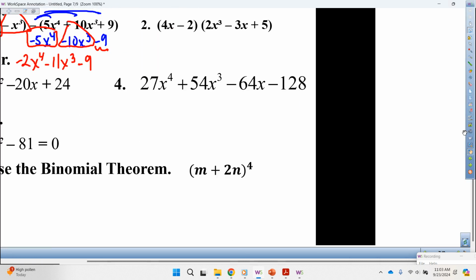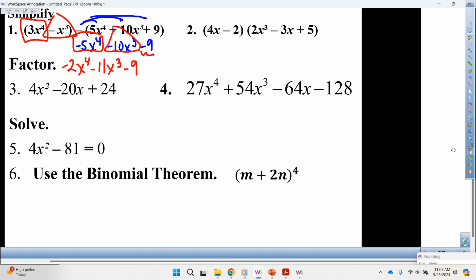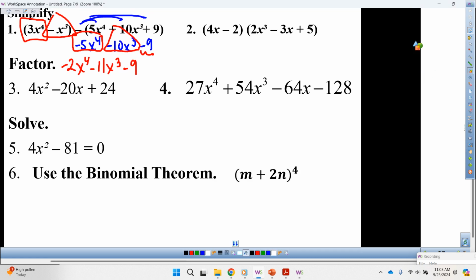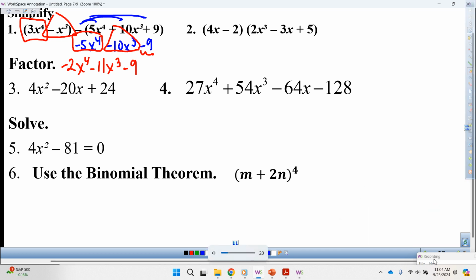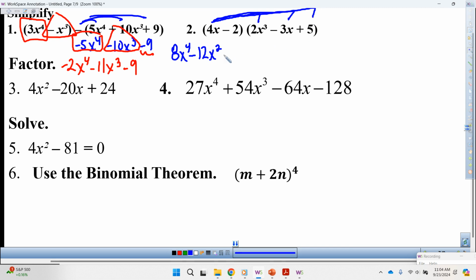Give me a second, let me make some room here. Number 2. Distributive property, yes, here we go. We got 4x times 2x cubed, that's 8x to the 4th. 4x times negative 3x, that's negative 12x to the 2nd. 4x times 5, that's positive 20x.